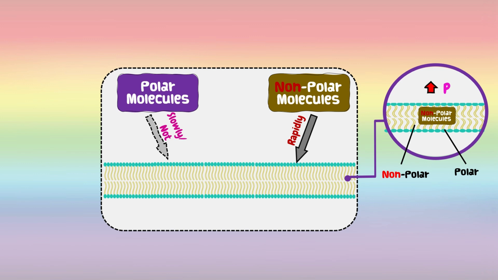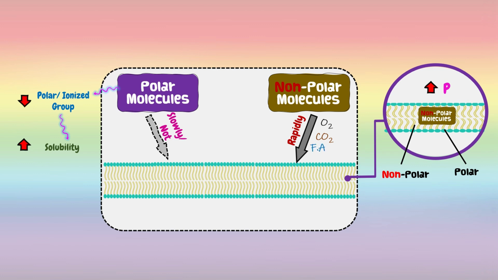In contrast, polar molecules have a much lower solubility in the membrane lipids. Increasing the lipid solubility of a substance by decreasing the number of polar or ionized groups it contains will increase the number of molecules dissolved in the membrane lipids. This will increase the flux of the substance across the membrane.